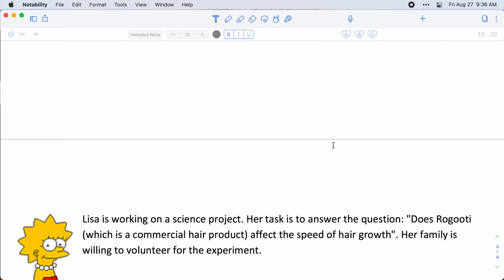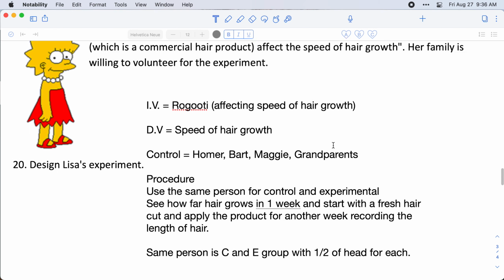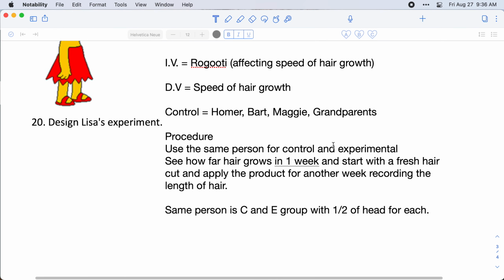That's why most experiments are done in a lab where you control everything. The lighting, the wind, the temperature, the radio waves, everything's got to be the same. So that's what we got here, just for you to look at this. IV, independent variable. We knew that was the hair growth. Dependent variable, speed of hair growth.